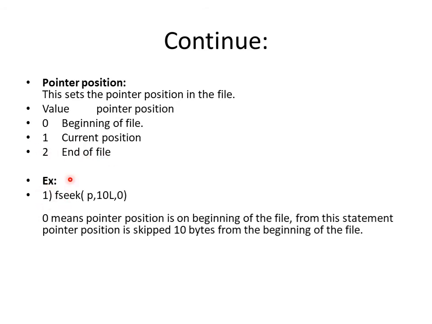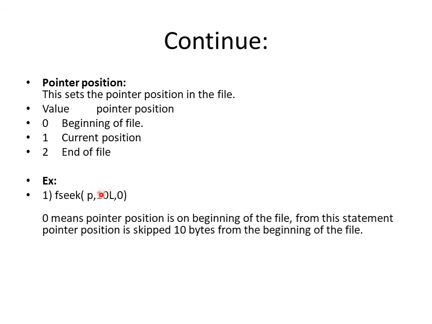Example: fseek(fp, 10L, 0). This is what I am giving for a file. What does it mean? 0 means the pointer position is at the beginning. Here I have shown it is at the beginning of the file. From this statement, the pointer position is moved 10 bytes.